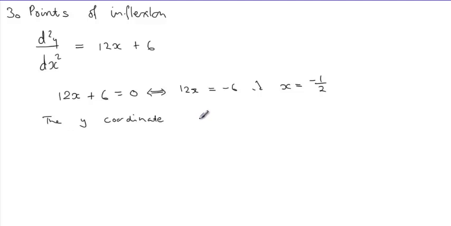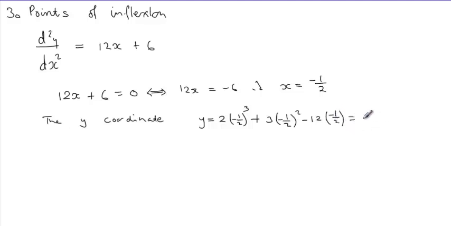So we go to the original function, y equals, sorry for that. Let's evaluate this function. It was 2 brackets minus half cubed, plus 3 brackets minus half squared, minus 12 brackets minus half. Let's get that point and see what we get there.